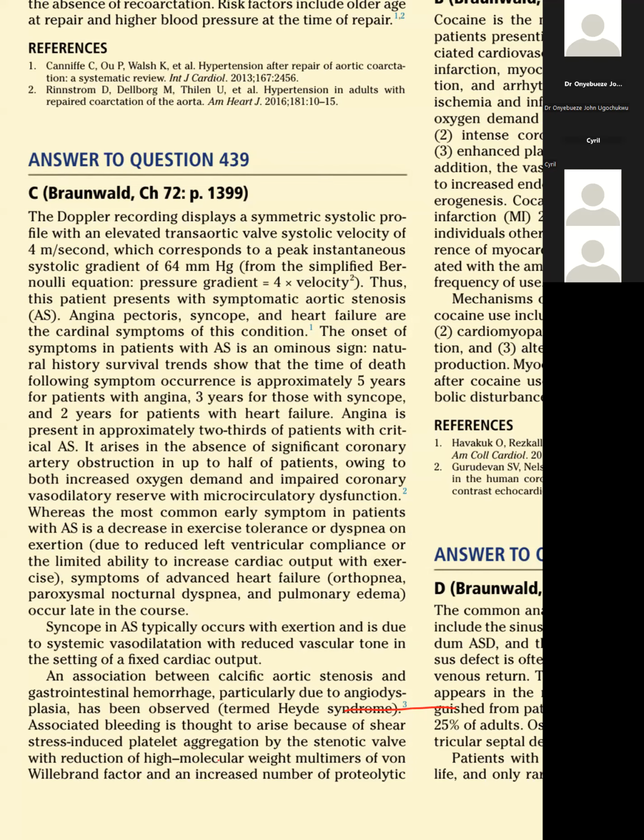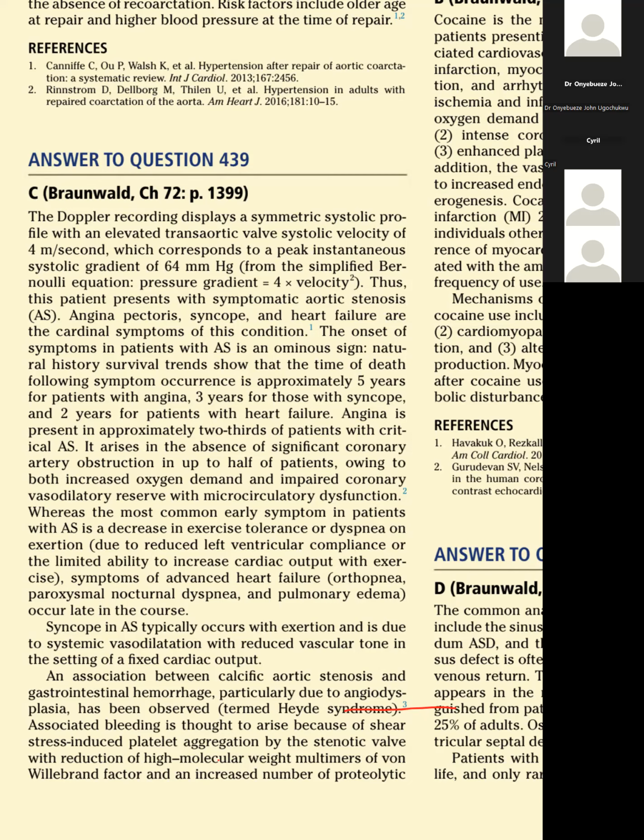Angina is present in approximately 2/3 of patients with critical AS. It arises in absence of significant coronary artery obstruction in up to half of patients, owing to both increased oxygen demand and impaired coronary vasodilatory reserve with microcirculatory dysfunction.